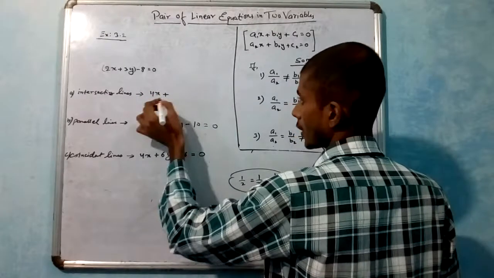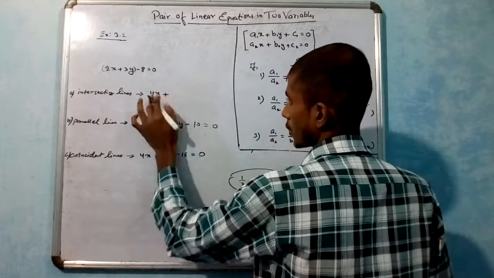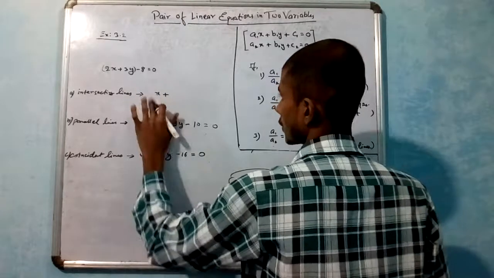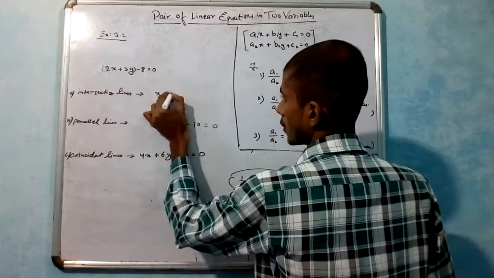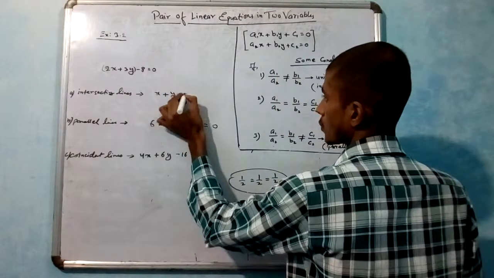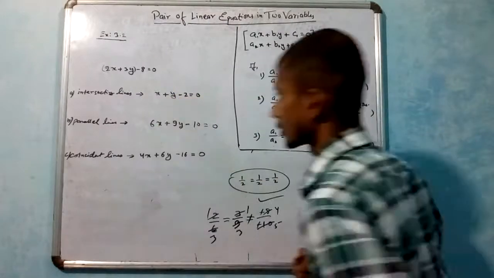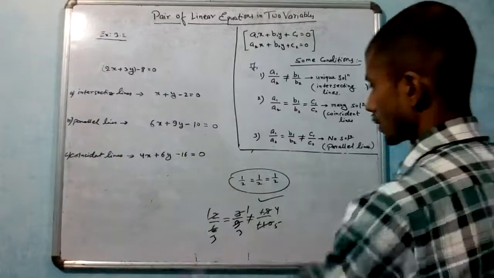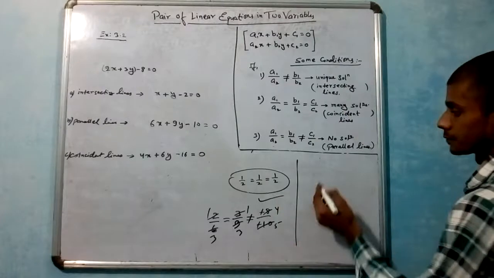Write 4x plus y, or even x plus y. Make it simple. X plus y minus 2 is equal to 0. Now get the ratio.